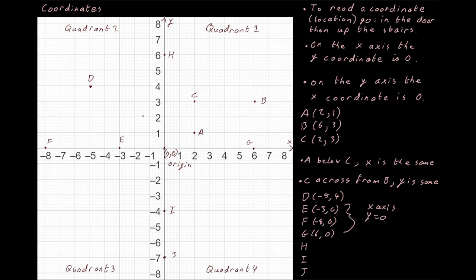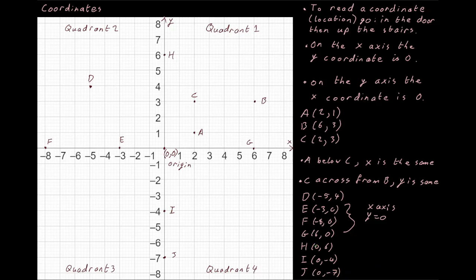And if we get our coordinate for H, that is at in the door 0. We haven't gone side to side at all. And up the stairs 6. 0, 6. I is at 0, -4. And J is at 0, -7.